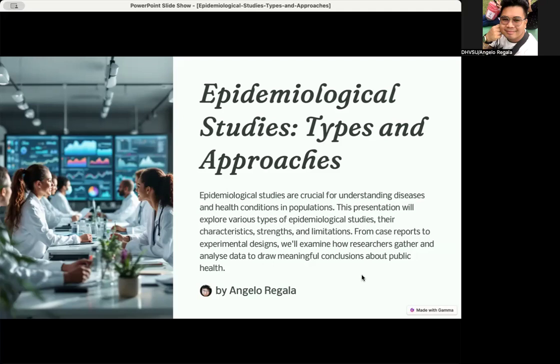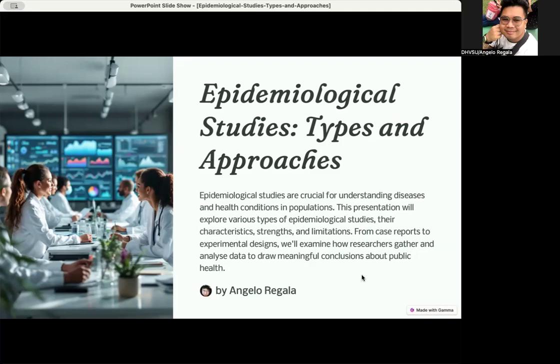In short, what we're trying to understand is how a certain disease occurs and what can be used to prevent or cure that particular disease.